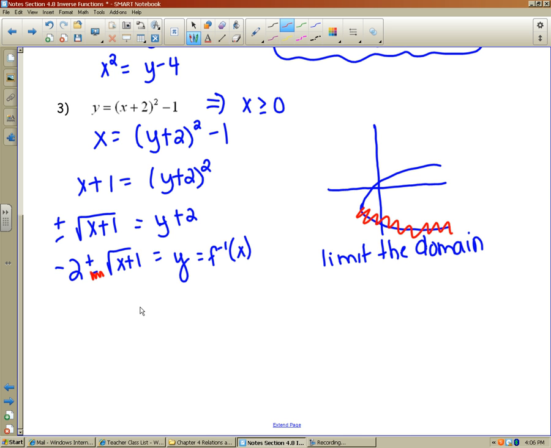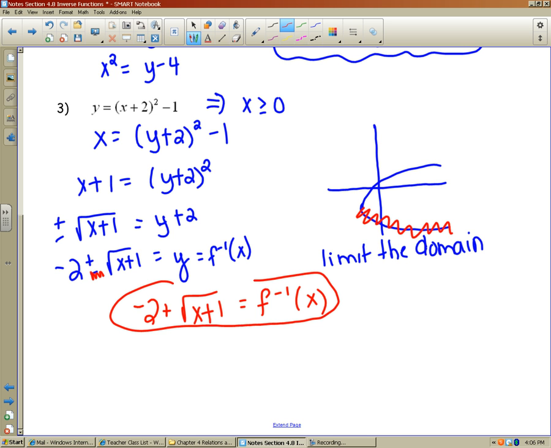So here our final answer is -2 plus the square root of x plus 1, because we can't have both. Make sure as you're watching the video that you've written down any questions that you have.